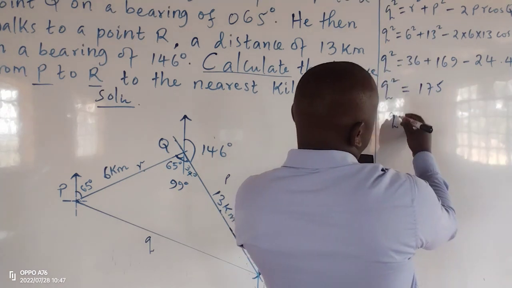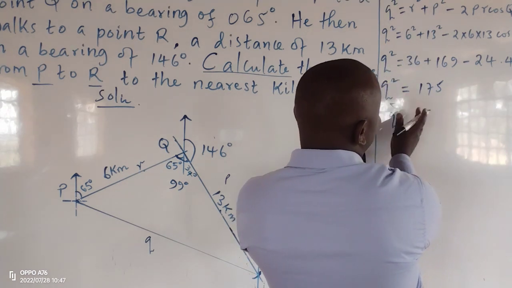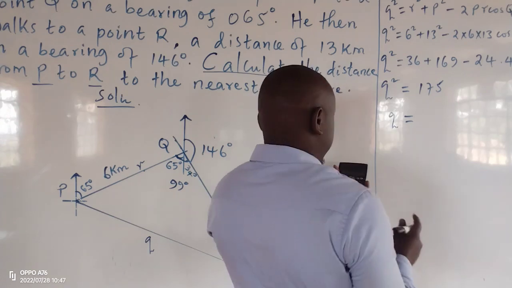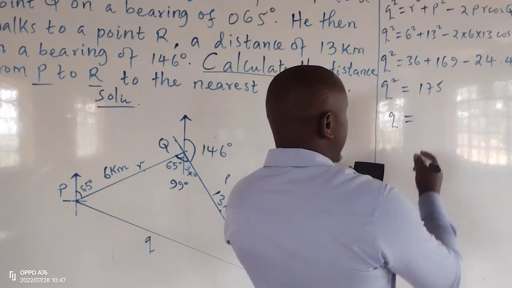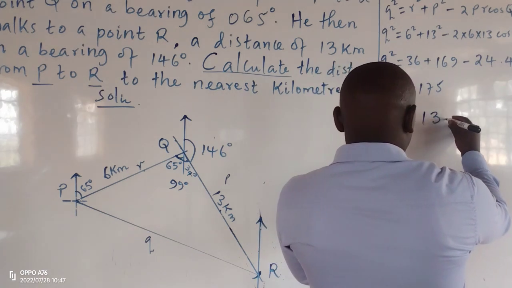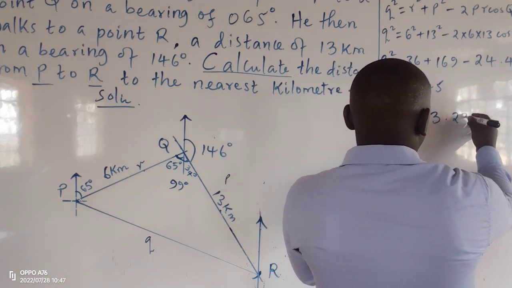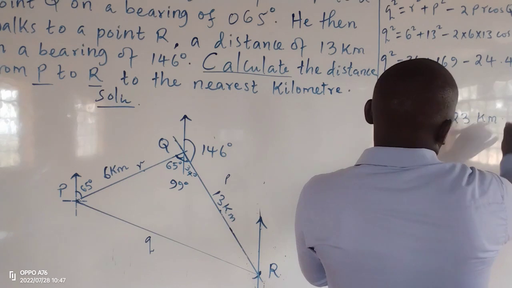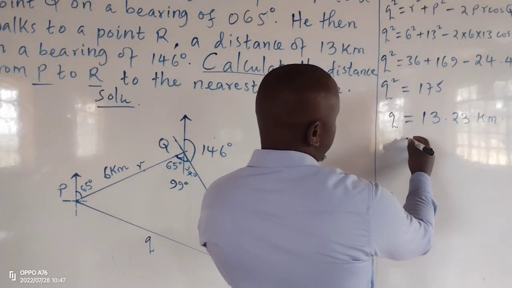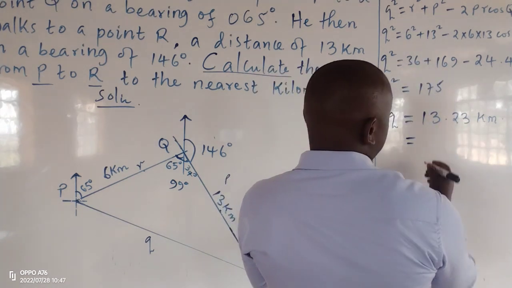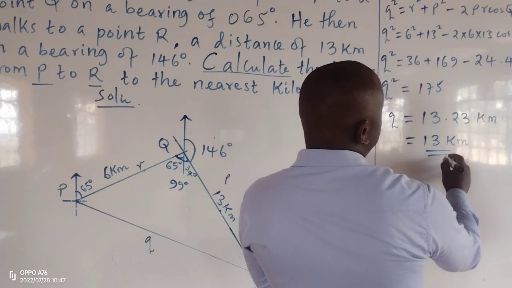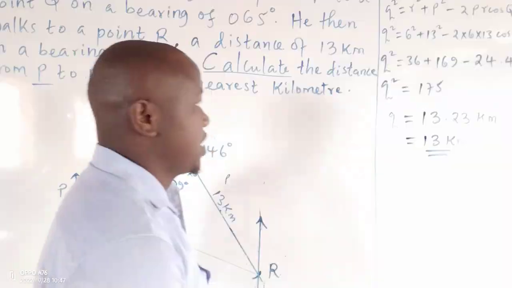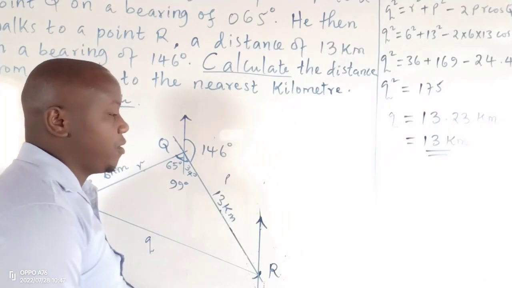So to get Q, if Q squared equals 175, then we obtain the square root. This is going to be 13.23 kilometers. And now the examiner is specifying that we give it to the nearest kilometer, which is going to be 13 kilometers. So that is how we apply the cosine rule to determine the unknown side.